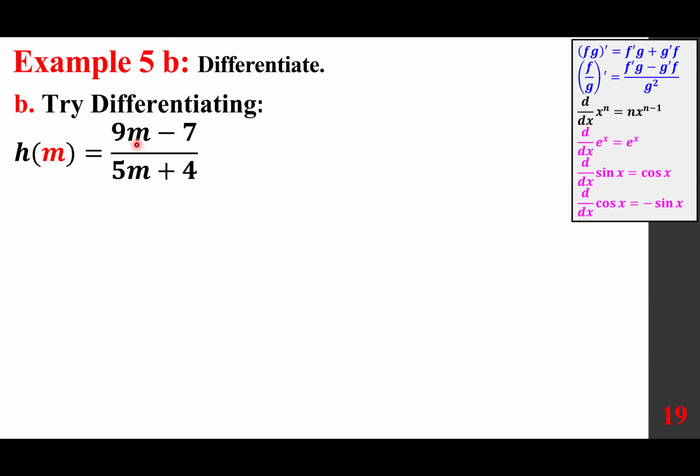And I want you to try differentiating that because on purpose I'm using a variable we normally don't use. Normally we go with x, t, theta, but in science we can use any variable, in this case m, which means the derivative of m is 1. That means m is the independent variable. We notice the fractional format, so we're going to go with the quotient rule. We're going to call it f over g.